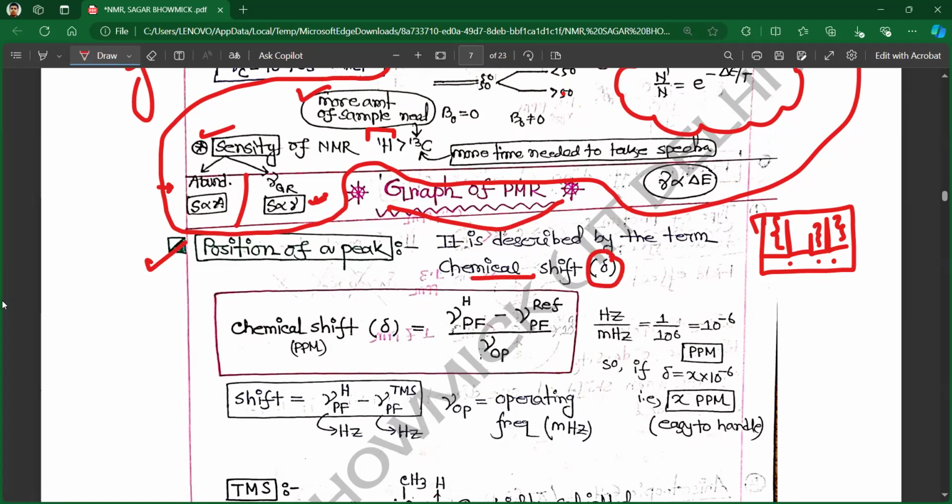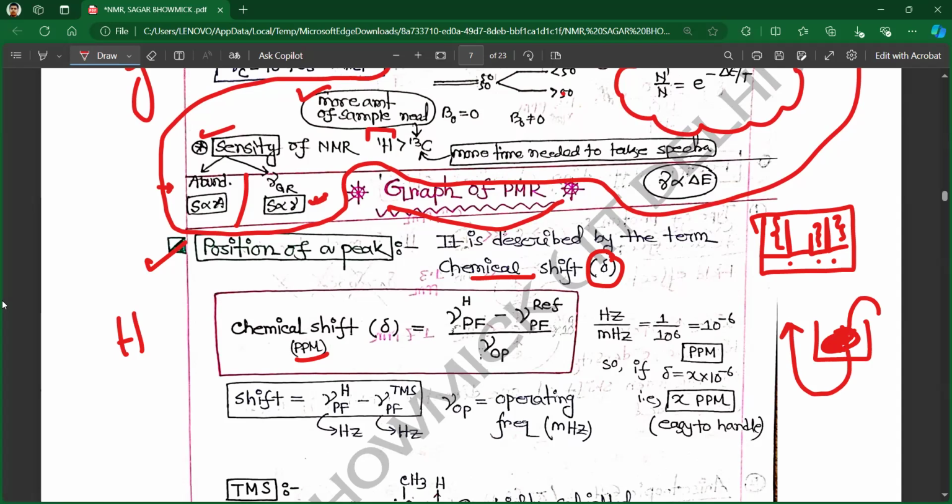What is this chemical shift? Chemical shift delta is expressed in the unit ppm. The formula is: precessional frequency of the proton, since we are studying proton NMR, minus the precessional frequency of the reference compound. In any compound, my sample is dissolved and then taken for NMR analysis. This compound or solvent is called the reference compound.